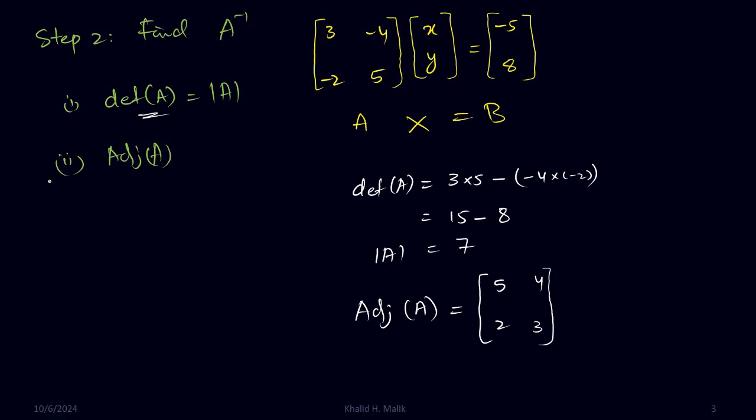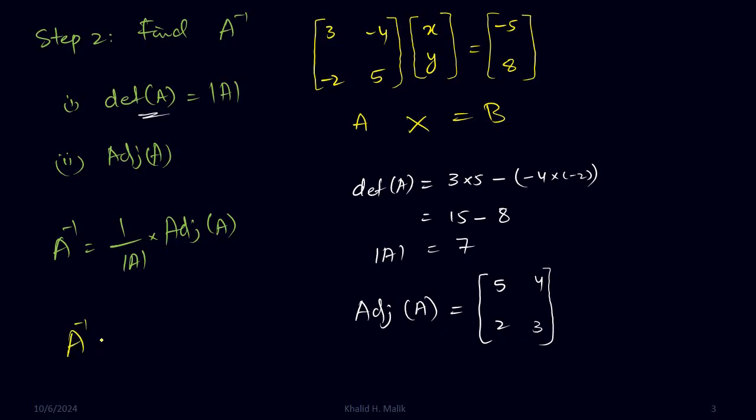Now what will be the A inverse? After following these two steps, we have calculated the determinant of A matrix and the adjoint of A matrix. So A inverse will become 1 over the determinant of A times the adjoint of A. So we have to find A inverse, then we will multiply this matrix by the B matrix, and we calculate the values of the variables.